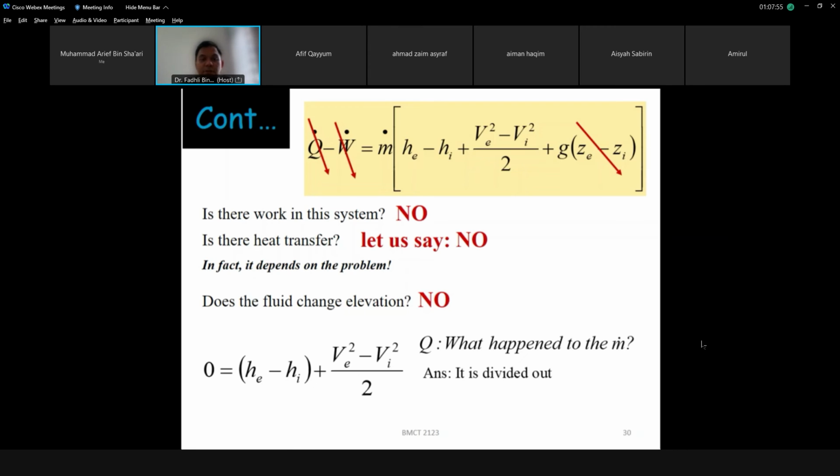Fourth consideration, ni lah apa, yang does the velocity change? Yes, of course lah. Sebab nozzle, the function of the nozzle to increase the velocity. That's why kinetic energy remain. We keep remain kinetic energy here.